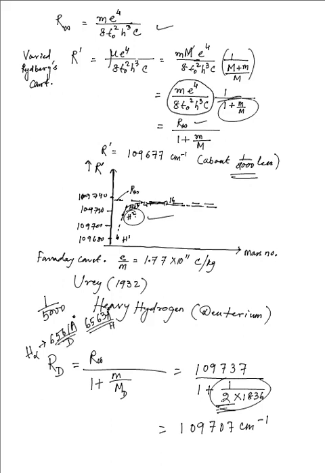It's a very small difference, but it is quite sufficient for the identification of deuterium. The general nature of the two spectra is however exactly the same, because the atoms of hydrogen and deuterium have the same electron structure.